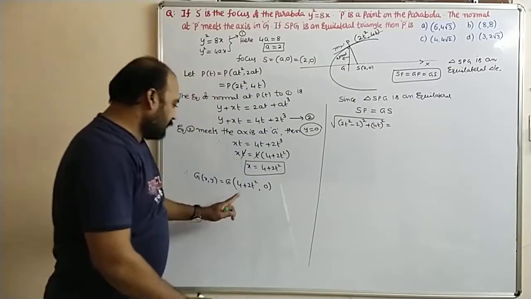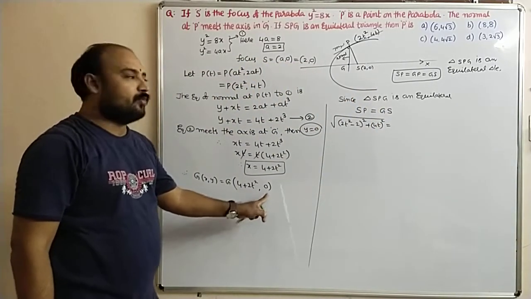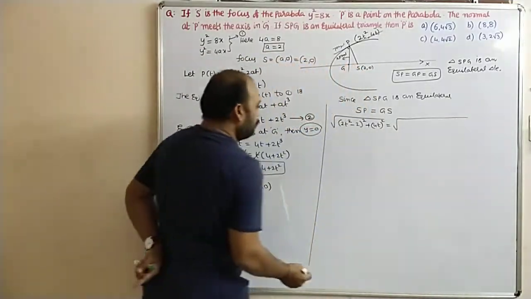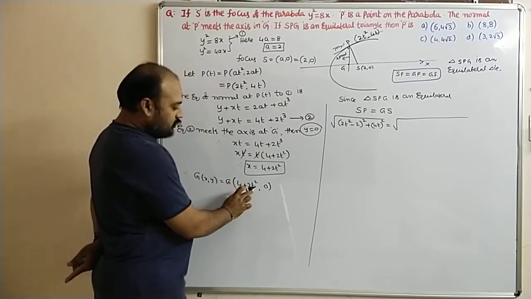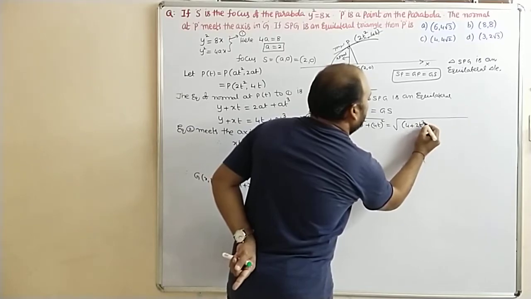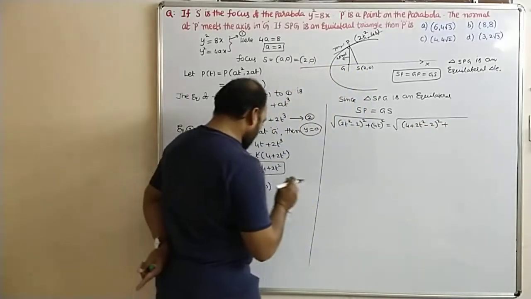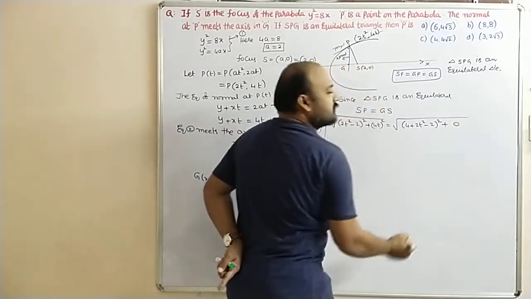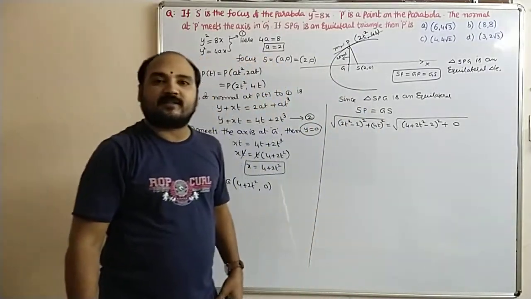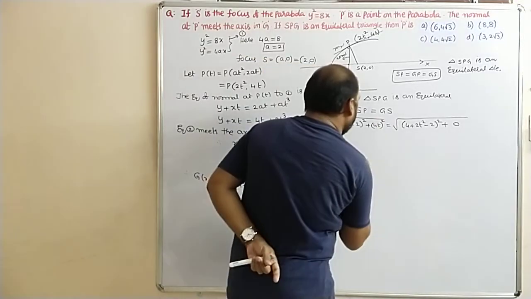Here the G point is 4 plus 2t square minus 0 and here 2 minus 0. Square root of (4 plus 2t square minus 2) whole square plus 0. Why? Because the distance between 2 points lying on the x-axis is mod x1 minus x2. That one we are getting here.